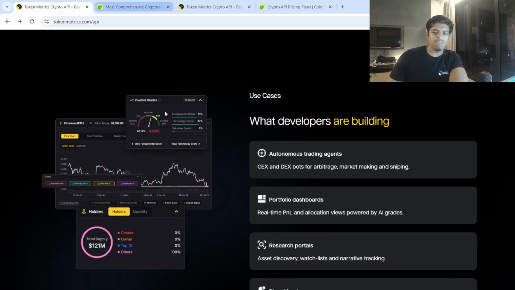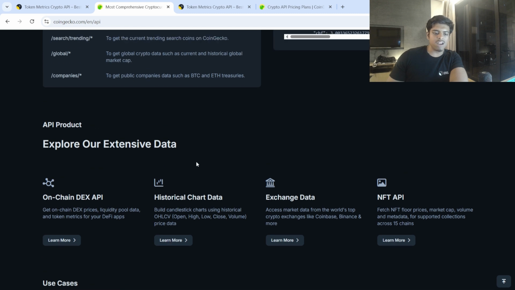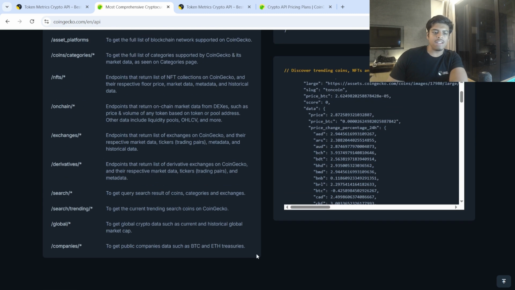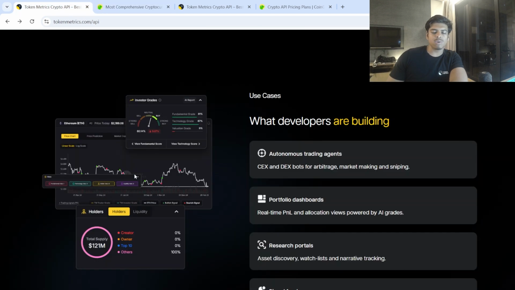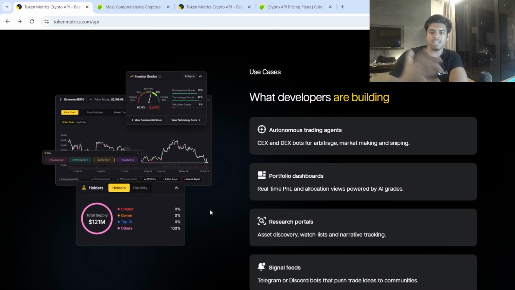So in terms of use cases, the Token Metrics API can vary a lot more than CoinGecko, as CoinGecko is going to be your starting point to build upon. It's giving you raw market data and nothing more. So you're getting historical chart data, the on-chain DEX API as well, exchange data, NFT API, and you can see the endpoints right here. With Token Metrics, you're getting a lot more, making what you're building a lot easier. For example, if you're building a trading AI agent, Token Metrics API is going to be the clear winner here.